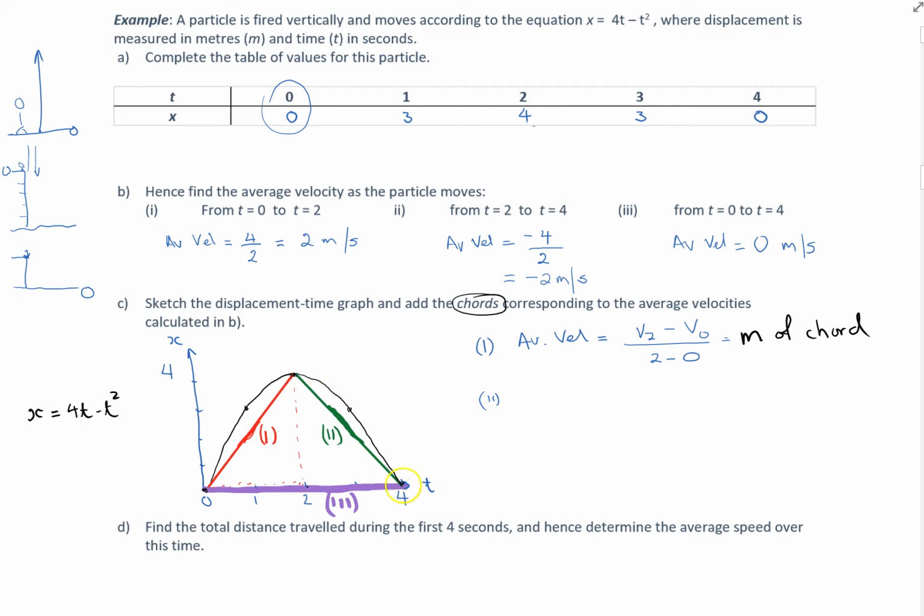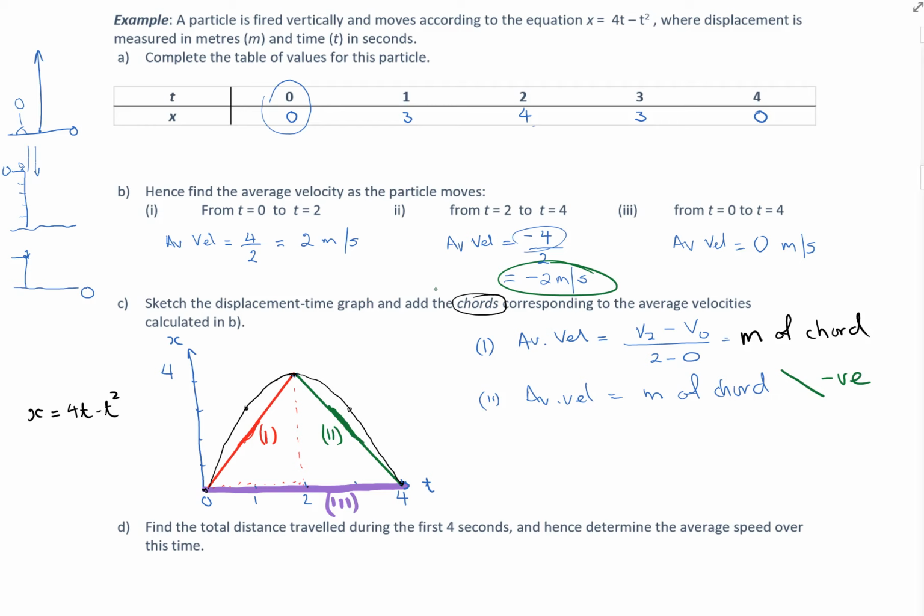So we had 0 minus 4, hence the minus 4. And again, we can see that the average velocity is equal to the gradient of this chord. You look at the green chord in this case, it's got a negative slope. We had a negative gradient.